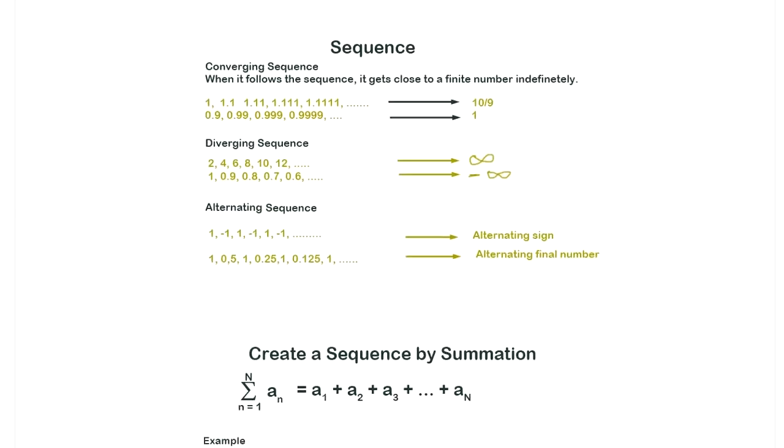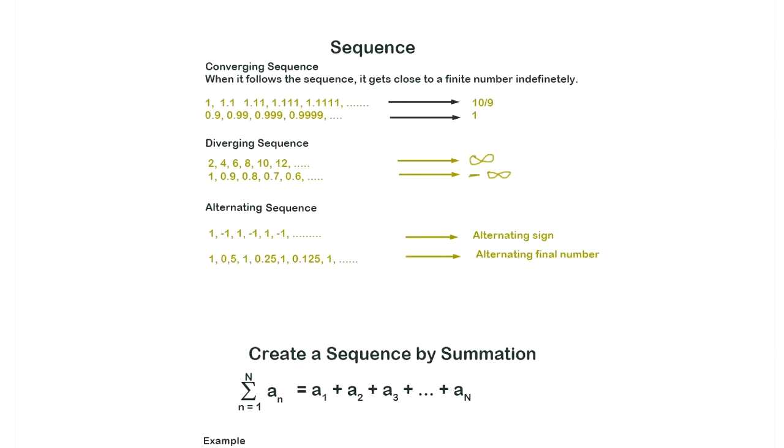What is a sequence? Actually, it's numbers showing up with some rules. For example, 1, 1.1, 1.11, 1.111, and so on, or 0.9, 0.99, 0.999.